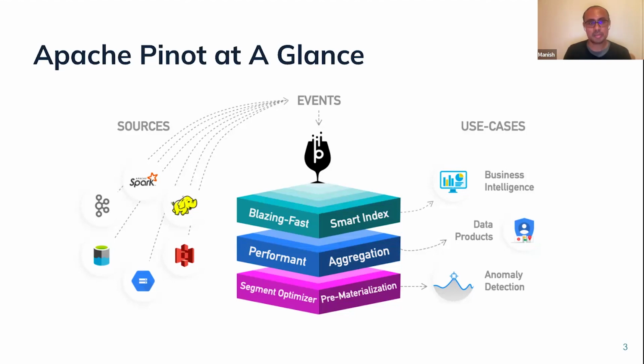If you look at the Pinot architecture, the cool thing about it is that it's very pluggable. It works with various types of sources to get the data in, real-time and offline sources, and various data formats. Another very powerful thing is the ability to have smart indexes based on a use case to answer your queries.